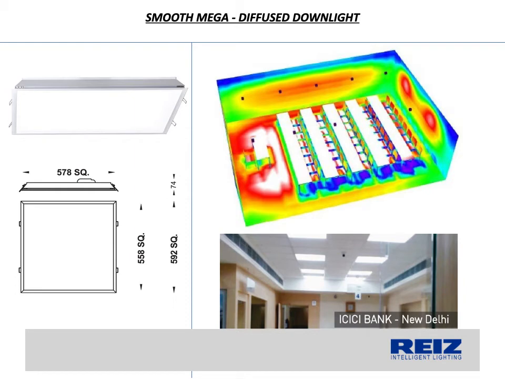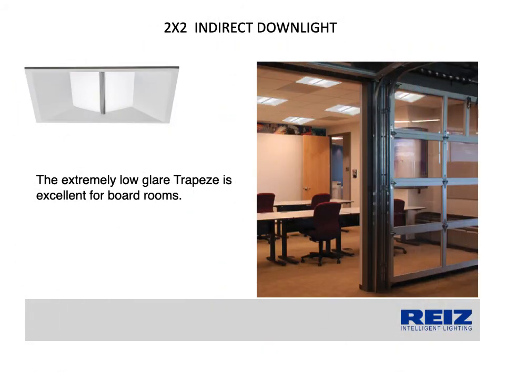The ubiquitous 2 by 2 is a great light for corridors and offices, general offices, admin areas, etc. Indirect lighting, like the trapeze, are perfect for low glare lighting for applications in boardrooms.